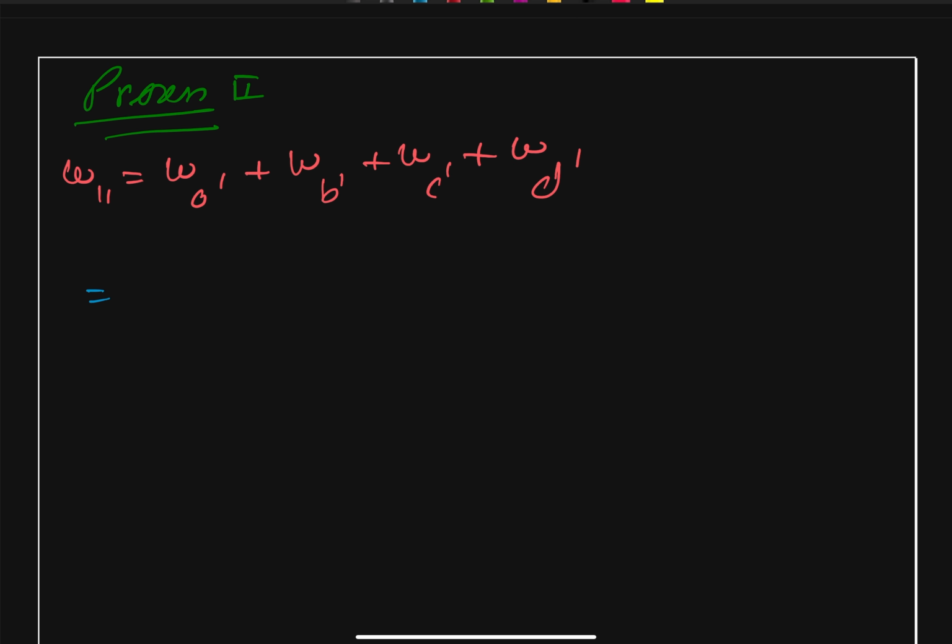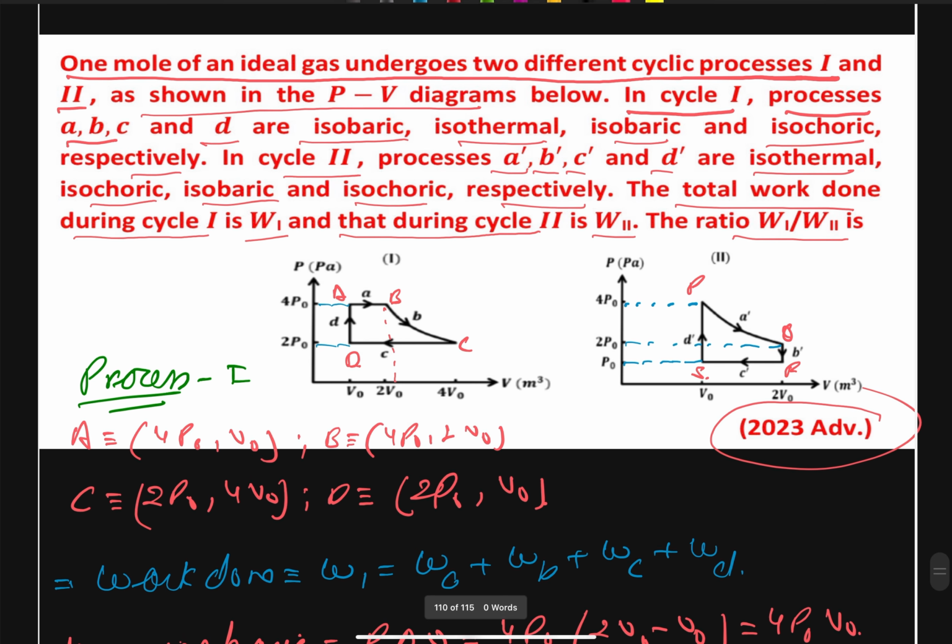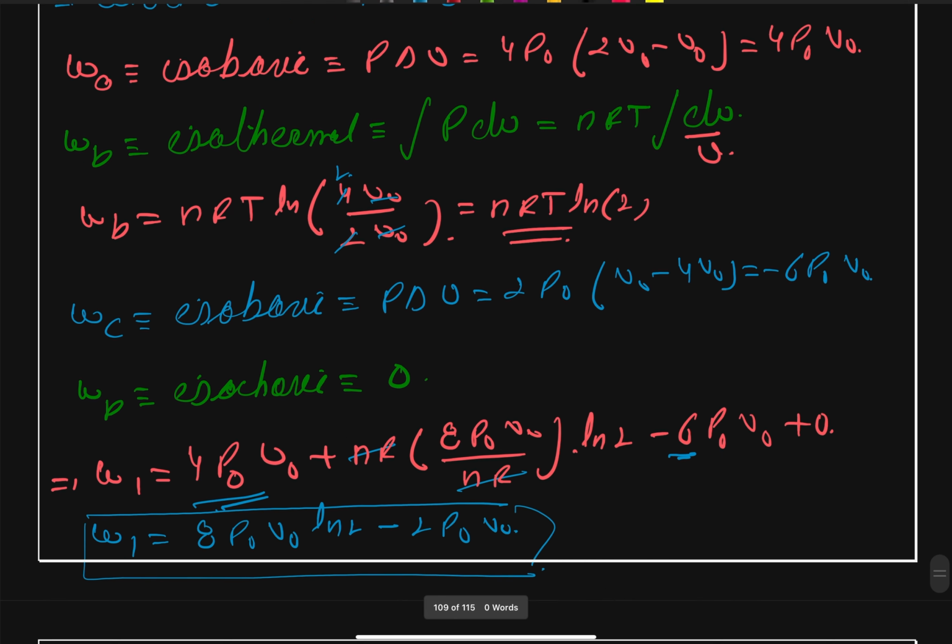So we can write WA will be equal to nRT natural log of 2 V naught upon V naught, plus 0, plus C will be equal to P naught times V naught minus twice V naught, plus 0. One second. Yeah, there are two isochoric, so it's correct.